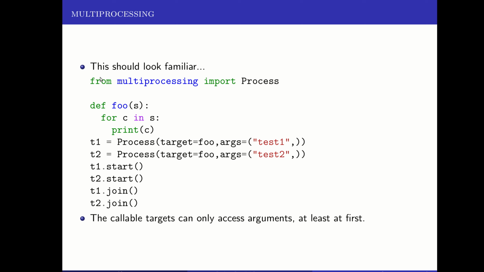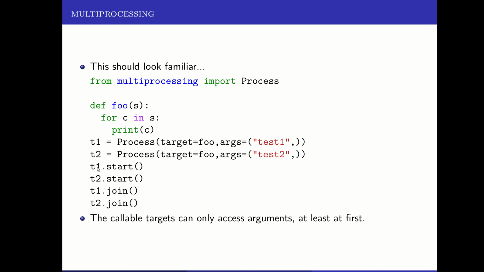So the multiprocessing library can be used for this. And here we're importing the process class. And again, the interface looks relatively similar. I write my foo function. It takes some arguments. It does a job. And I then spin off a process that will do foo with the argument test1 and another process that will do foo with the argument test2.